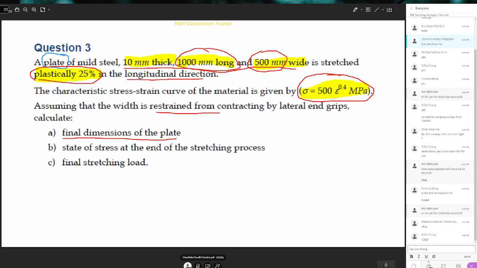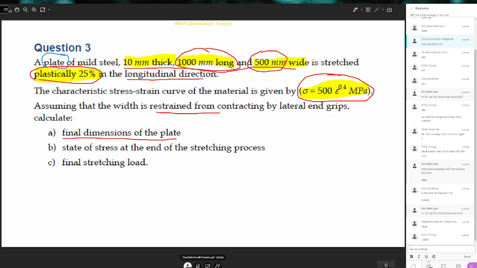So if you do this, 1000 multiplied by 500 multiplied by 10 is equal to 1250 multiplied by 500, multiplied by the final thickness. So from this you can see that the final thickness will be 8 mm. All right, so this is the calculation for the final thickness.